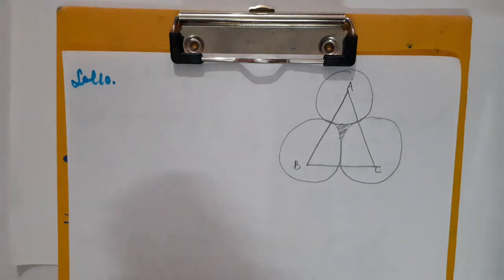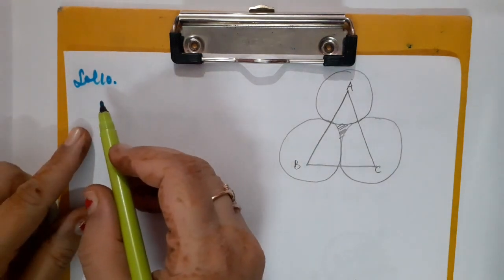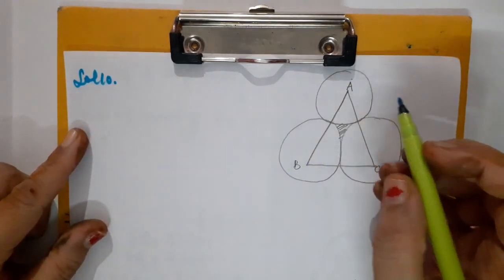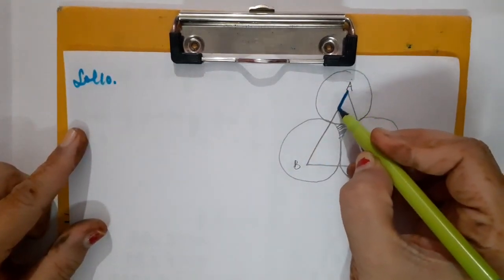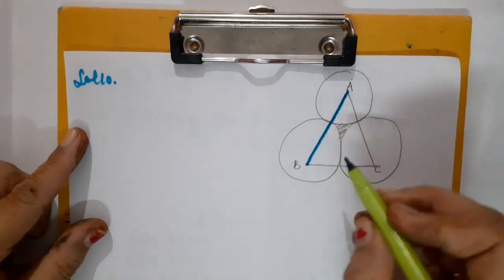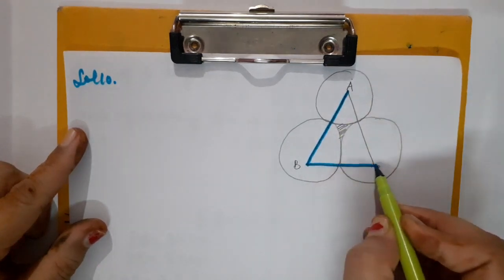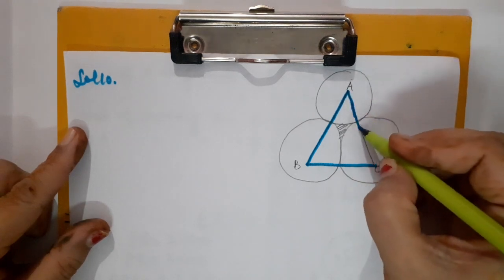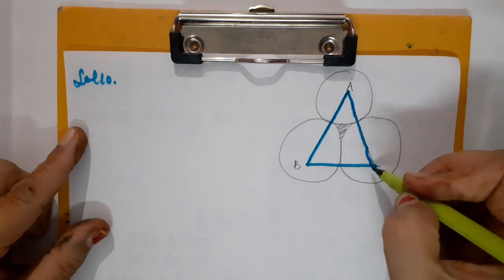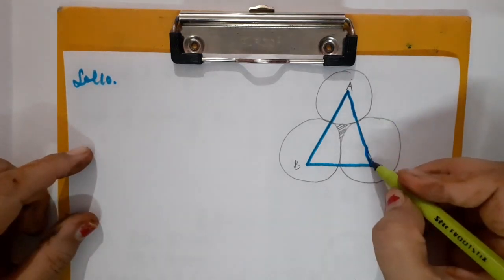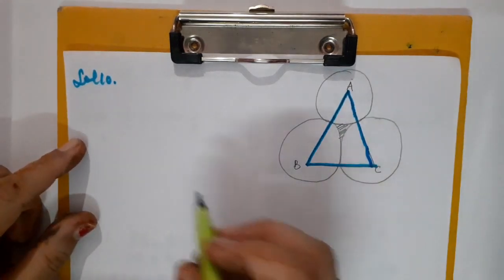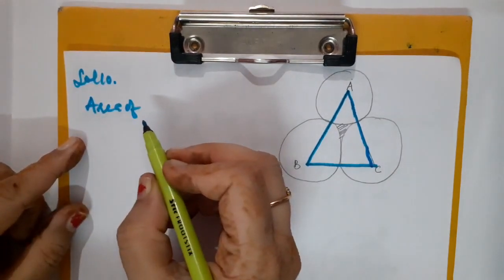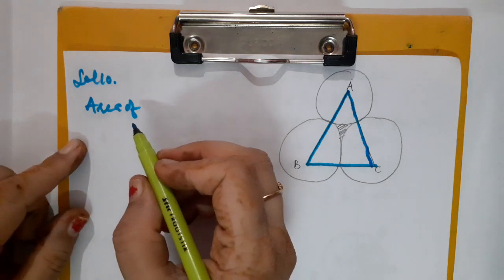Okay children, now I am going to switch to question number 10. Please listen to the statement carefully. The area of an equilateral triangle ABC, this is an equilateral triangle ABC which I am going to draw, is given, that is 17,320.5.